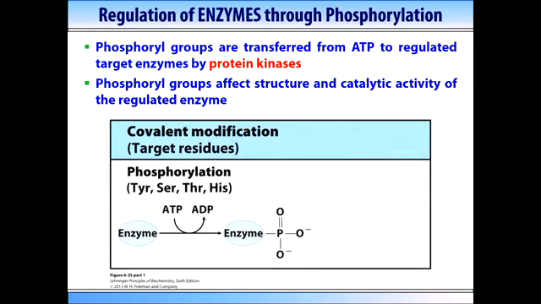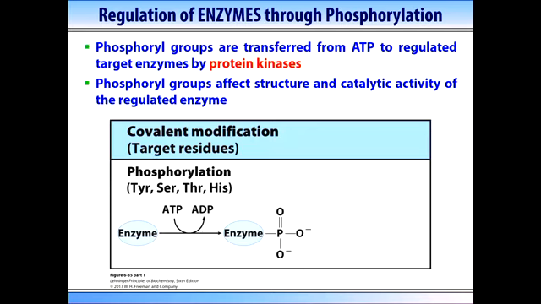Just an example of how that works. The phosphoryl groups are transferred again from ATP to the regulated targeted enzyme by the protein kinases, which are enzymes themselves, just specialized to transfer the phosphate group from an ATP molecule to the particular serine, threonine, tyrosine, or histidine in the target enzyme. The attachment of this phosphate group to the target enzyme affects the structure and catalytic activity of the regulated enzyme.